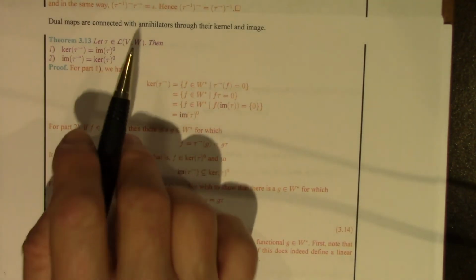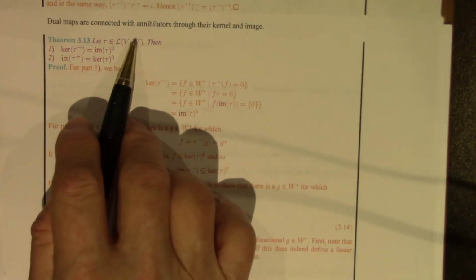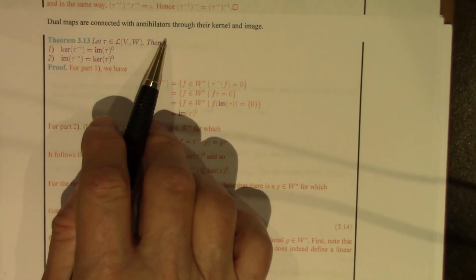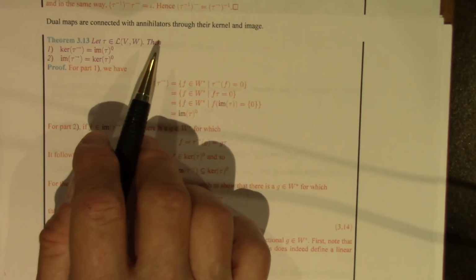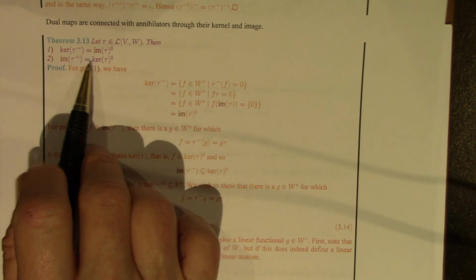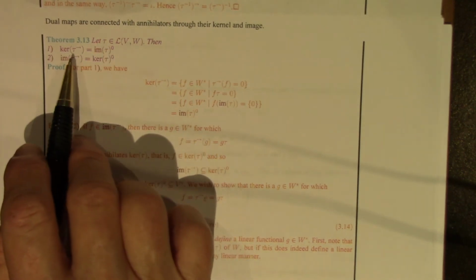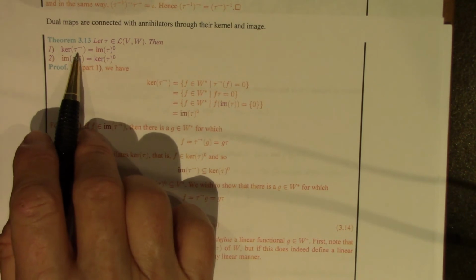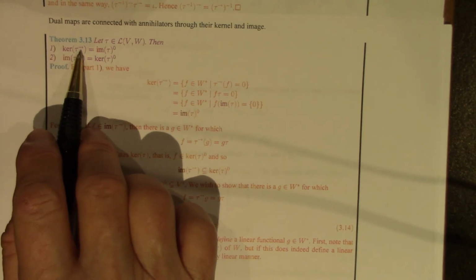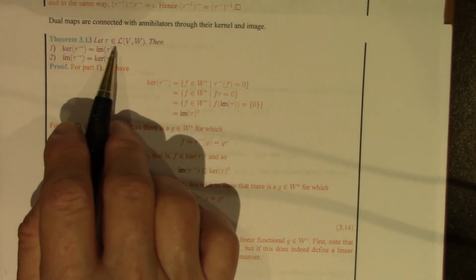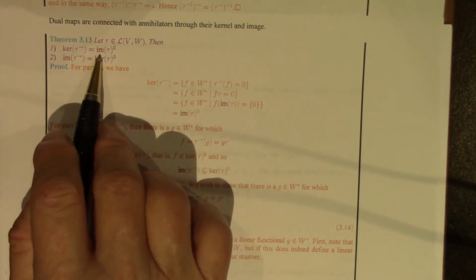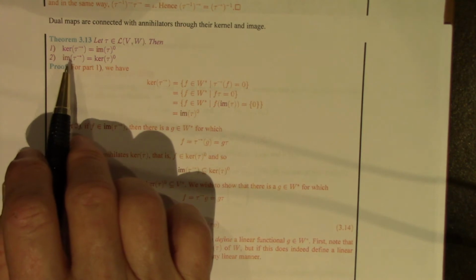Dual maps are connected with annihilators through their kernel and image. So if tau is a linear map from V to W, the kernel of tau arrow, the dual map, is the annihilator of the image of the original map.